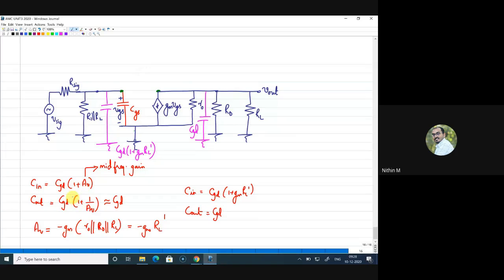Because we are applying Miller's theorem and approximating the capacitance on input and output side for the ease of analysis, and the results will be almost the same. This is easy to analyze, and also easy to find the cutoff frequency that we are going to see. If you have doubts, you can ask me now. Otherwise, I'll go to a question and we'll solve the high frequency response of the CS amplifier. If this is clear, can I get a response in the chat box?